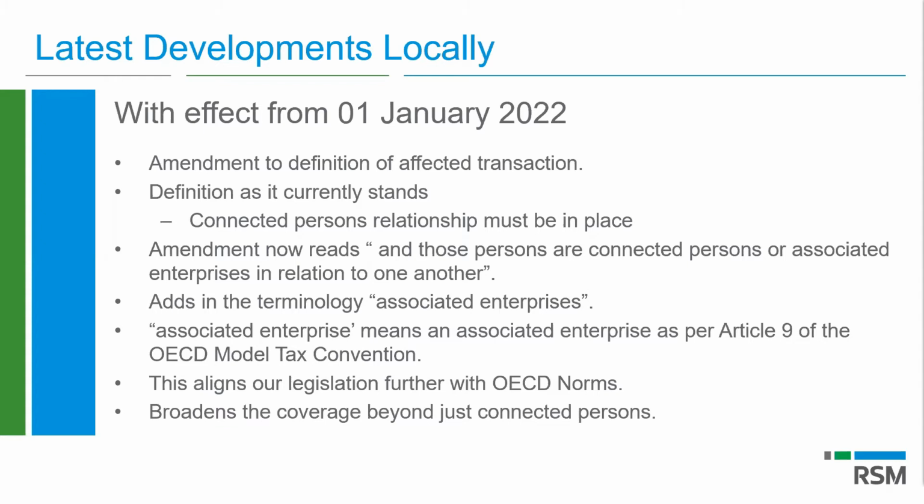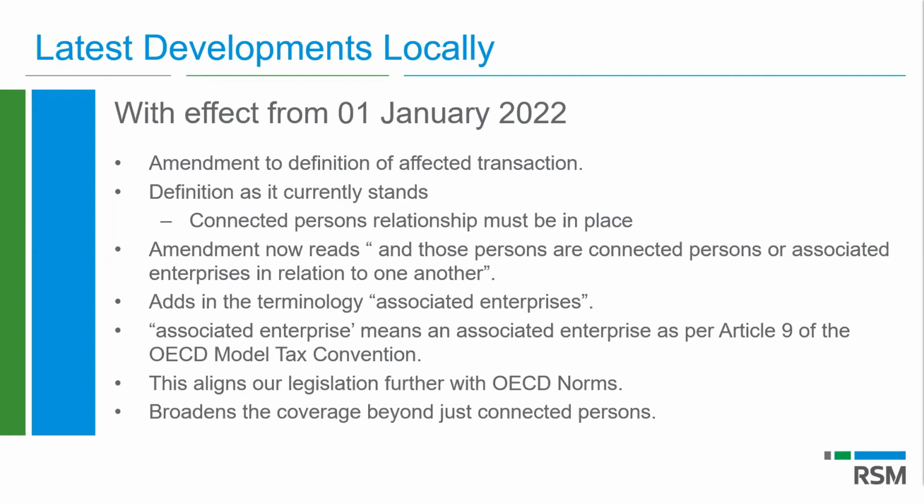The definition as it previously stood, and my apologies, that's a typo there, was that a connected person's relationship must be in place. The amendment now reads, and those persons are connected persons or associated enterprises in relation to one another. So it adds into the South African terminology this term associated enterprise.